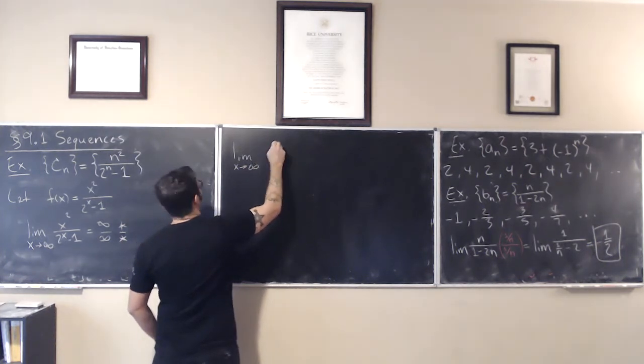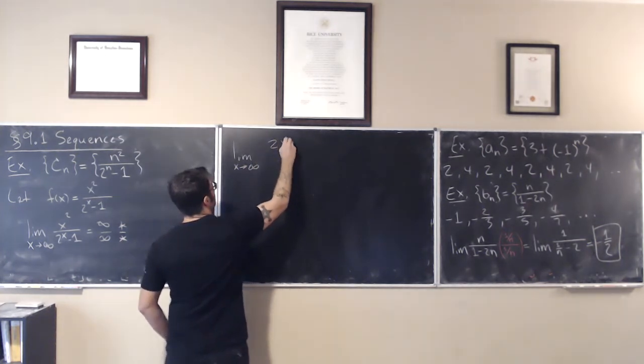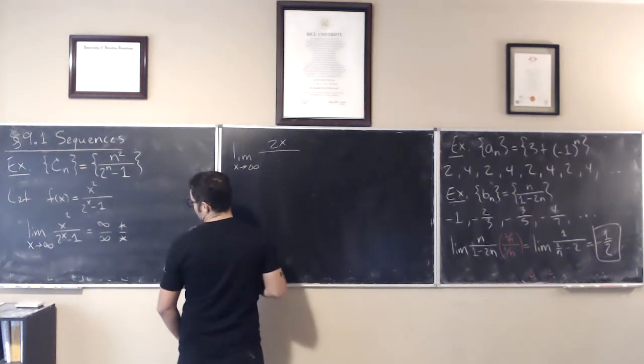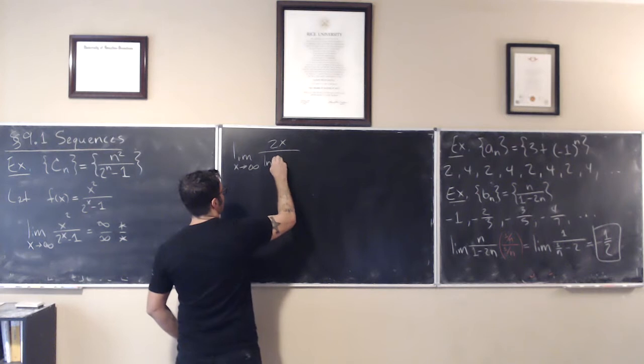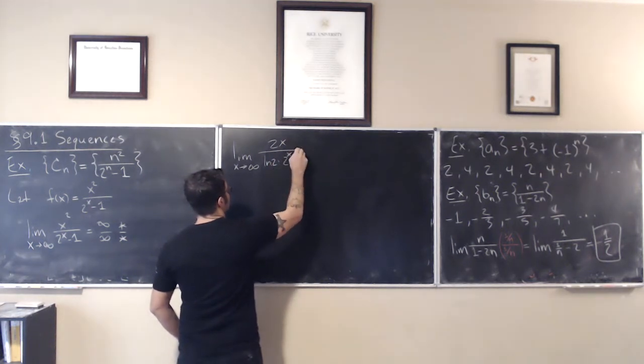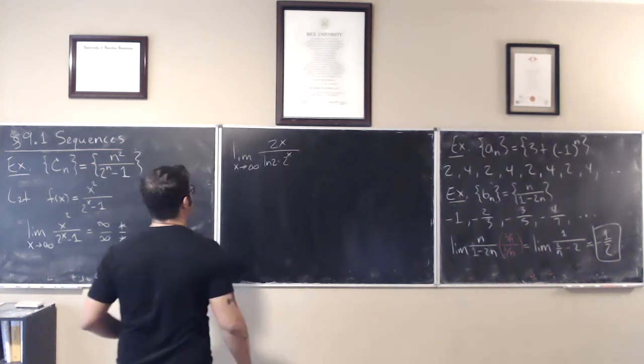So that'll be 2x over, what is that, natural log of 2 times 2 to the power x, right?